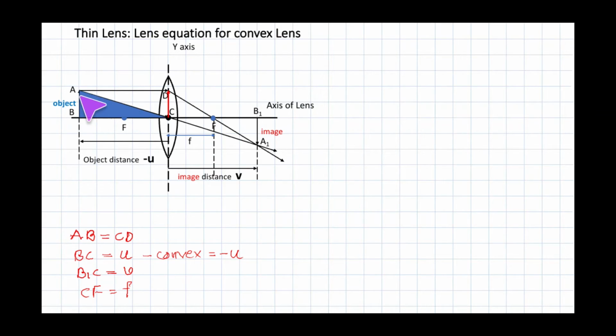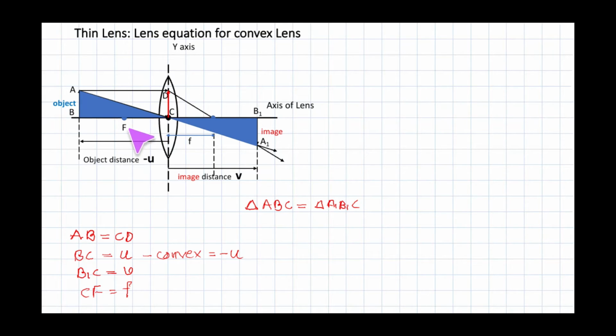Now we have this triangle. So remember that we have the triangle ABC similar to triangle A1 B1 C. So these two triangles are similar.